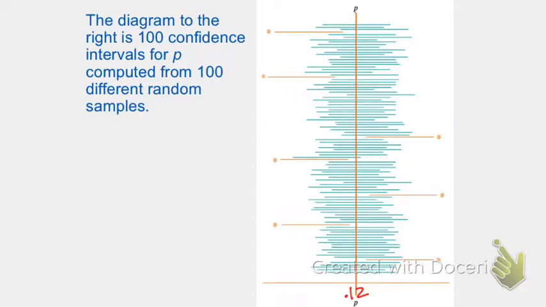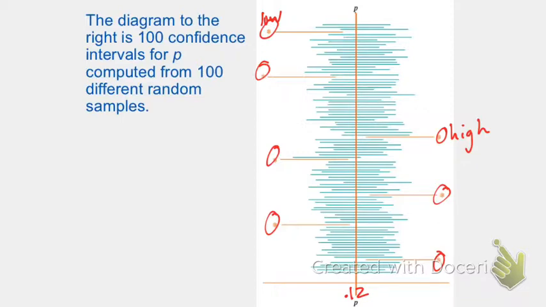Like they didn't have 12% in them. So these were all too low, and the ones over here were too high. So there's 1, 2, 3, 4, 5, 6, 7 out of 100 that did not catch the actual proportion.